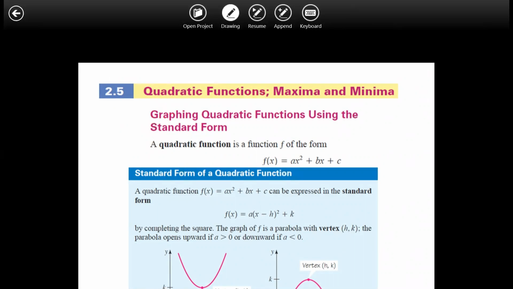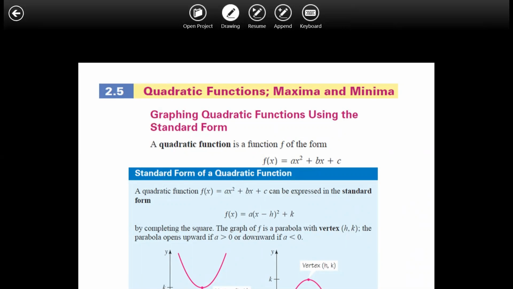You guys have the handout. All I really want you to do is go ahead and graph those 2 functions down below. If the a value is greater than 0, the function is going to have a minimum. If the a is less than 0, you're going to have a maximum.